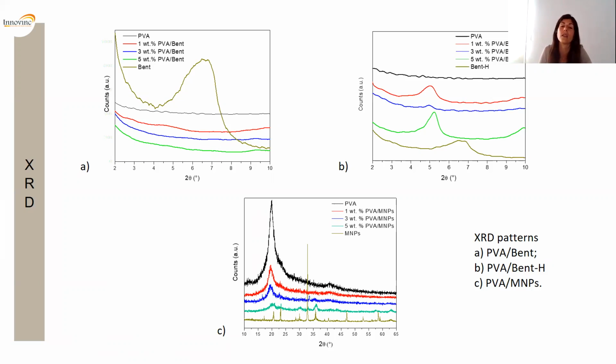So we can say that the PVA chains are integrated into the clay structure. And then we finally have the X-ray diffraction plot for the magnetic nanoparticle containing materials, and we can see the peaks corresponding to an iron oxide mixture. In all cases, we observe the semi-crystalline peak of PVA near 20 degrees.